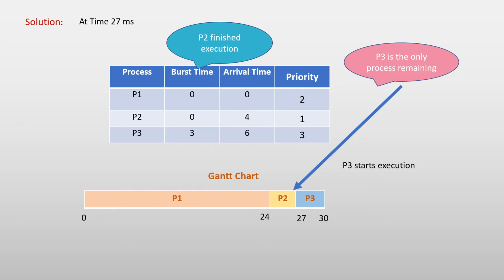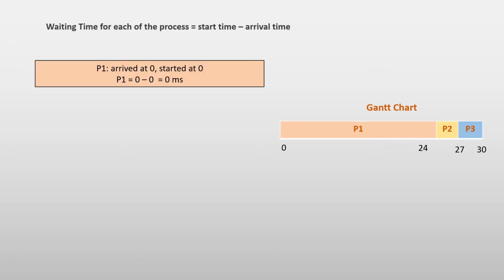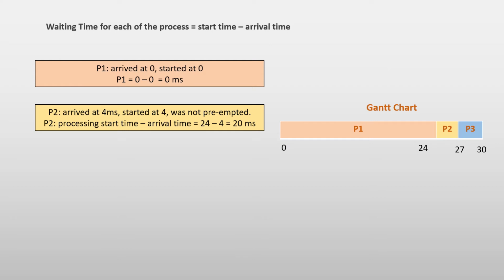So let's calculate now the average waiting time for these processes. P1 had arrived at time 0 and it started at time 0, so the total waiting time was 0 milliseconds.